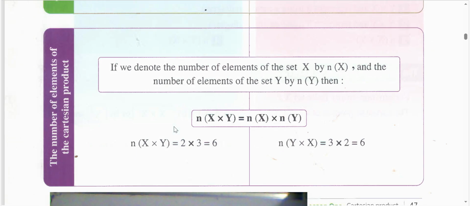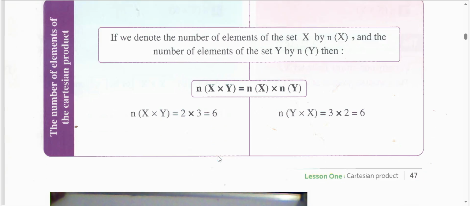We know the number of elements of X times the number of elements of Y gives the number of all ordered pairs in the Cartesian product of X and Y. We have 2 elements in X and 3 elements in Y, then the total is 6.